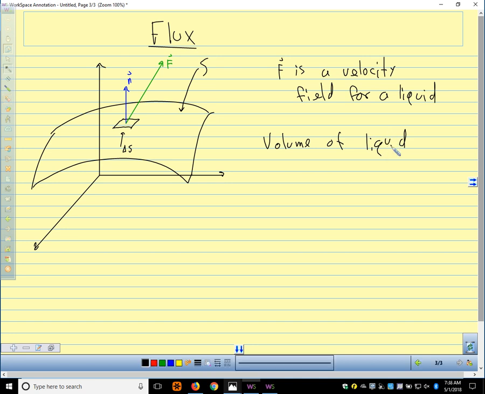How much of that flows through that little piece of surface per unit time?